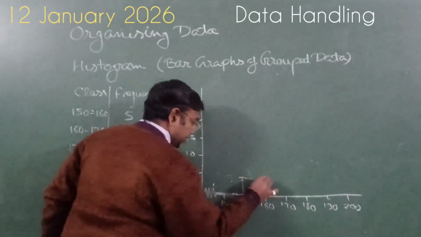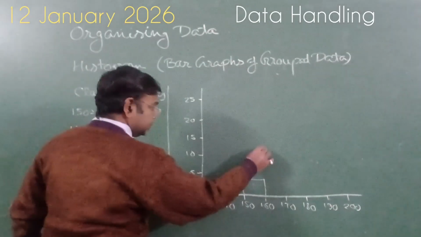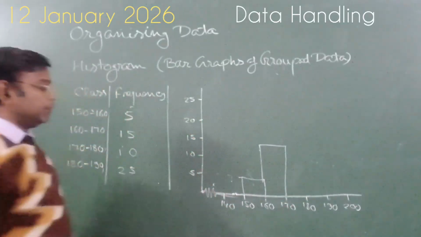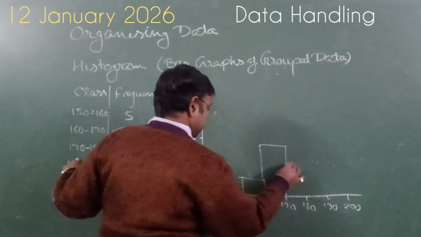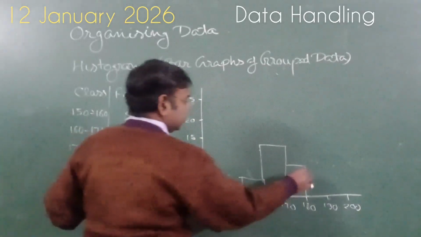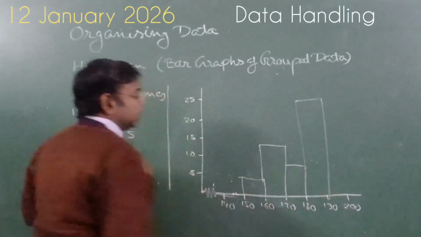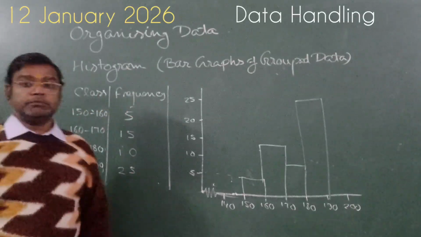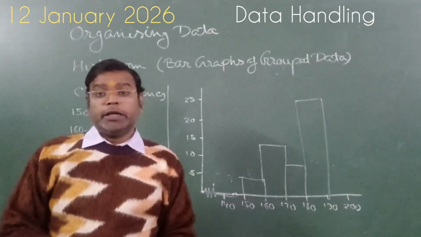Now we can start as I discussed: 5, then 15, then 10 for 170, then 25. Likewise we will draw the histogram. So these are the concepts of histogram. Next, we are going to discuss some questions in our next videos.